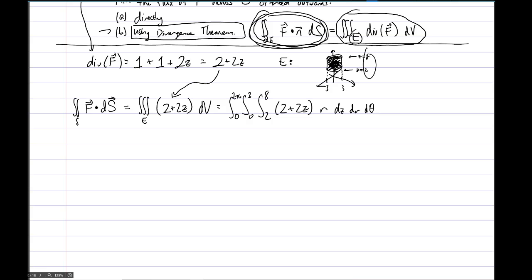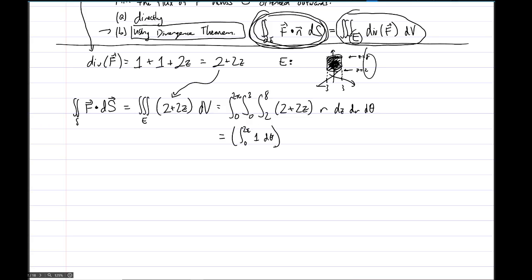All right, due to how the integrand here is, we can actually split things up multiplicatively. You can only do this when you have multiplications, and you do have 2 plus 2z times, I guess, a 1, right? So one of the integrals is the integral from 0 to 2 pi of just 1 d theta, right?